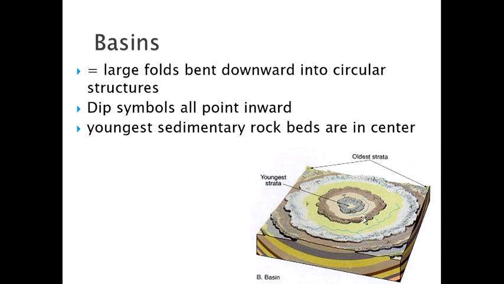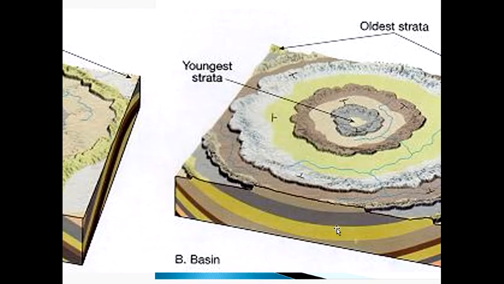You wouldn't know, is this a dome or a basin? But if you go there and look at it, you would see that the dip symbols all point in the direction of the center. So here the dips are all pointing towards the center. That tells you that they're dipping to the center. This is a syncline. In synclines, it's the exact opposite. The youngest strata, the youngest rocks, are in the center, and they get progressively older and older the farther you go out.